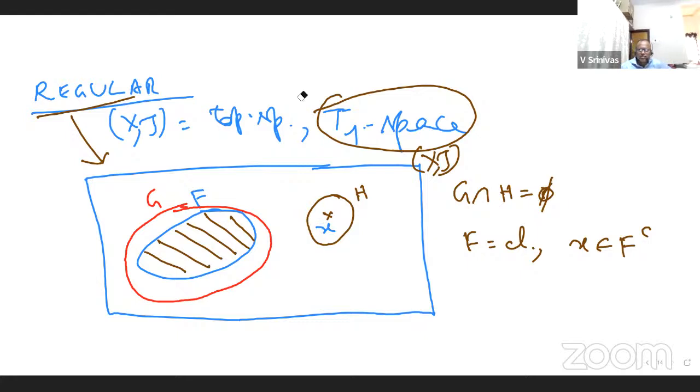And then you have the concept of complete regularity. Let me define the concept. Complete regularity is very close to regularity. A topological space, which is T1.